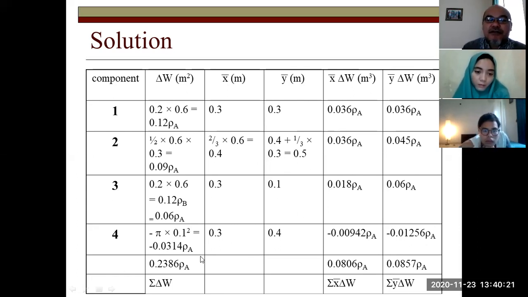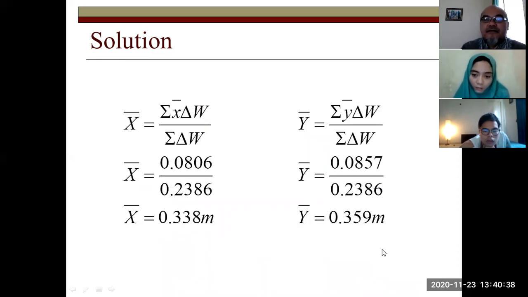And number 4 is also rho A, so similar to example 1. After that, you obtain total delta W, total x upper bar delta W, total y upper bar delta W. Then we calculate the new centroid or new center of gravity, which equals sigma x upper bar delta W divided by sigma delta W.